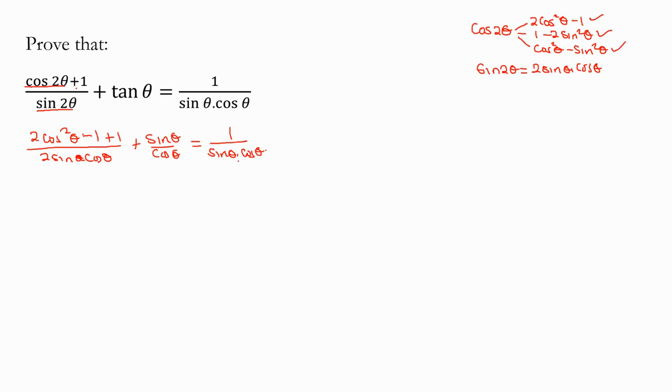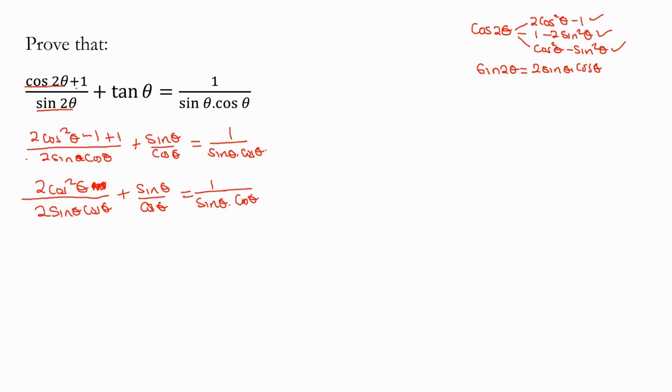Okay, right. And then what is negative 1 plus 1? That's 0. So we remain with 2 cos squared theta. Negative 1 plus 1 is 0. And then over 2 sine theta cos theta plus sine theta over cos theta is equal to 1 over sine theta cos theta.